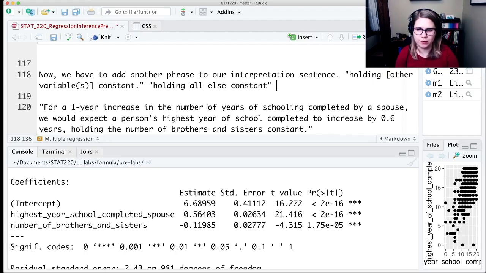So for a 1-year increase in the number of years of schooling completed by a spouse, we would expect the person's highest year of school completed to go up by 0.6 years while holding the number of brothers and sisters constant.